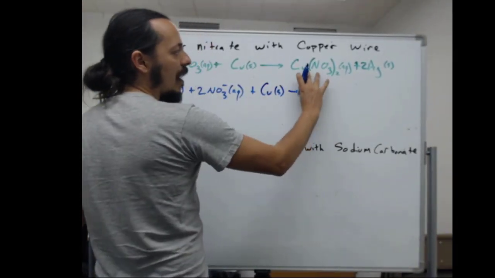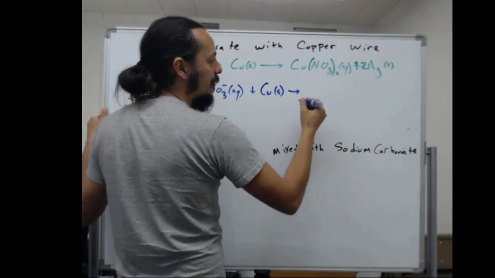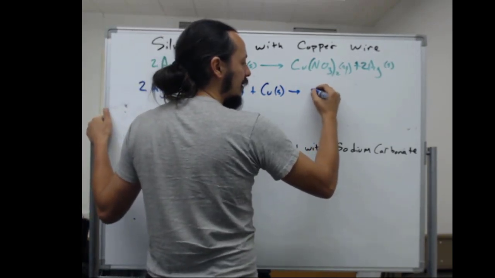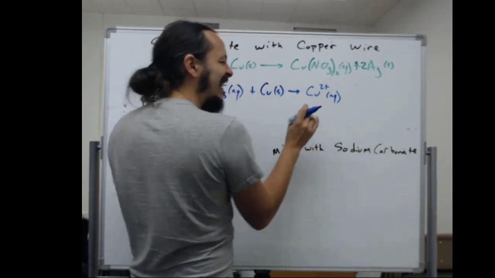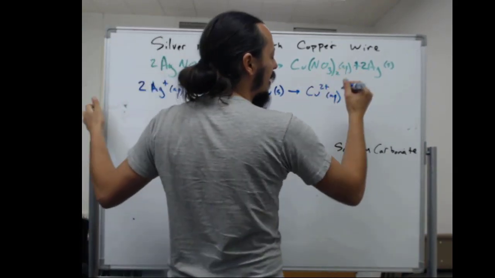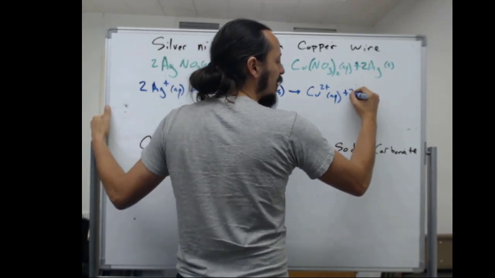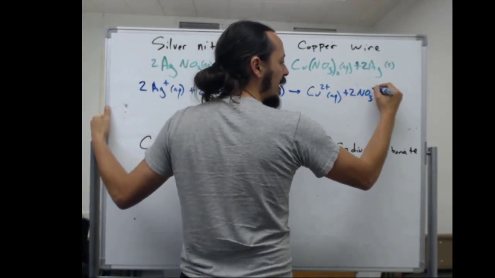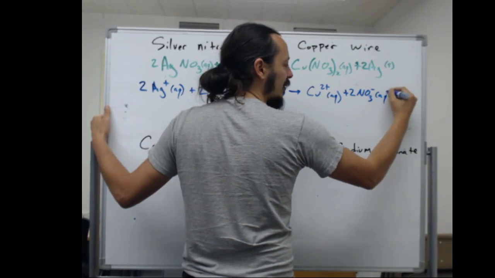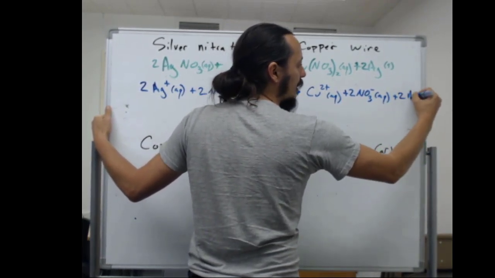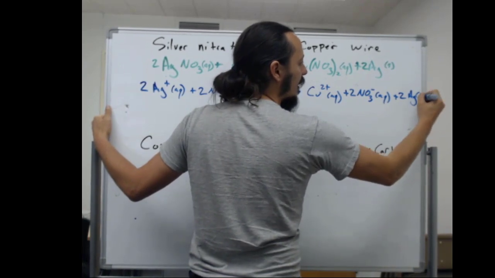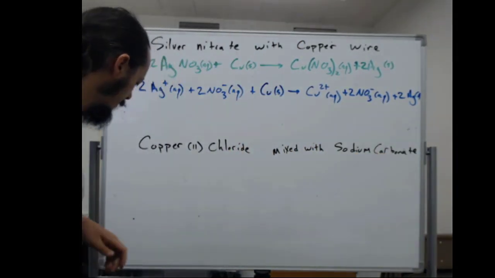Goes to ionic compounds that are aqueous break apart. That's going to go to copper 2 plus aqueous. And again, +1 would have been fine, but I know it's +2. Plus 2 NO3 minus aqueous plus 2 Ag solid. Ooh, scrunched on the corner there.